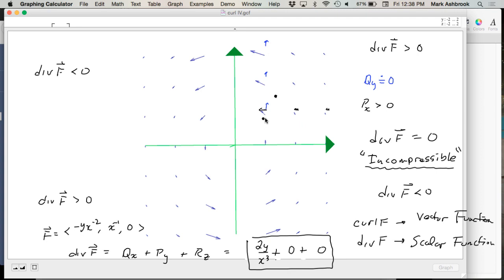But if we were looking in the positive direction, for a dx this way, what's happening? It's getting less negative, right? So the change in Q is negative and getting less negative. Things that are getting less negative are increasing.